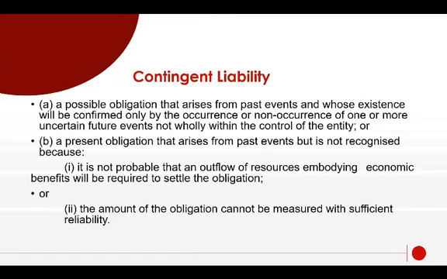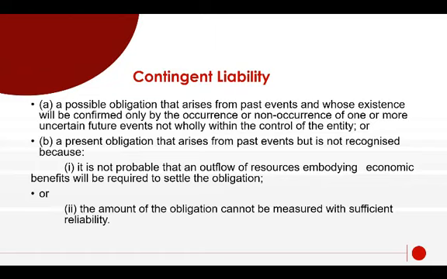Now, if you compare contingent liability against provision, a contingent liability is a possible obligation which also arises from past events, but its existence will be confirmed only by the occurrence or non-occurrence of one or more uncertain future events not wholly within the control of the entity. So we don't know if it will happen, because we have to determine whether something will happen or not.